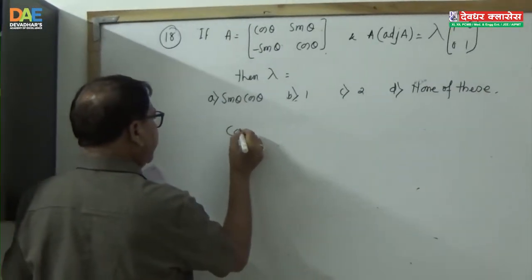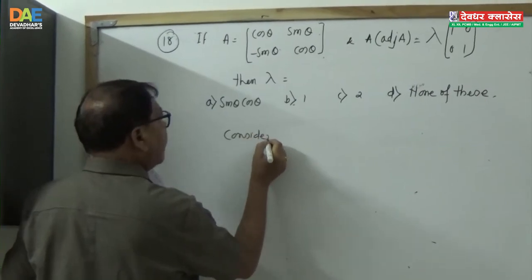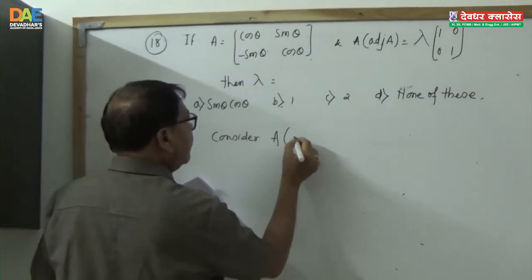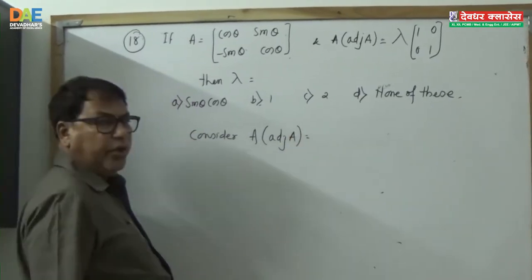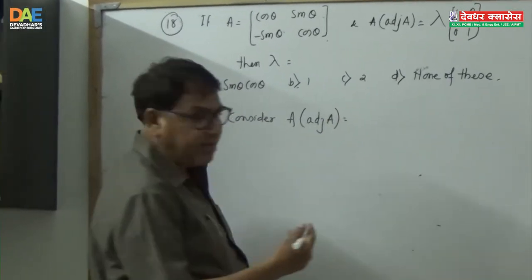Consider A into adjoint A. What is the meaning of A into adjoint A? Just now I have given the result for that.